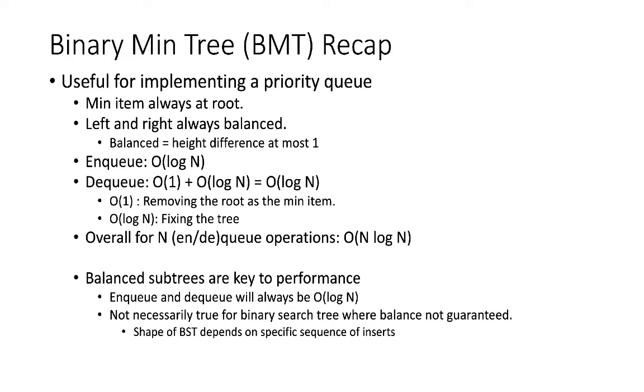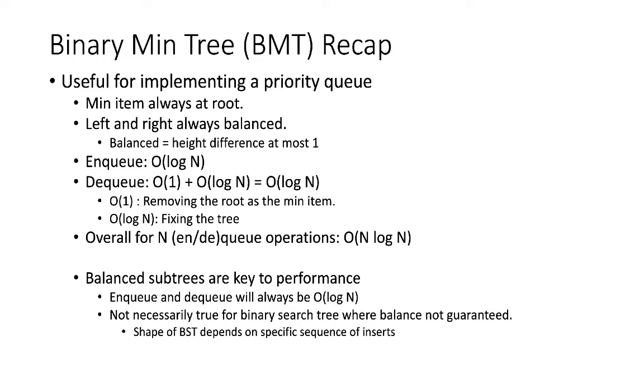The invariants of our binary min tree were that the root was always the minimum item, and that the left and the right subtrees, the left and the right children, were always balanced. In this case, balanced means that the difference in the heights of our left child tree and our right child tree is at most one. There can never be more than one difference in terms of how tall those trees are.